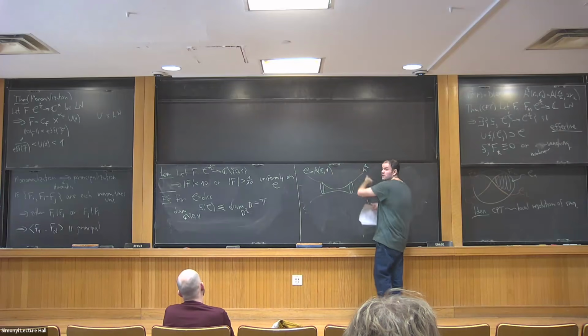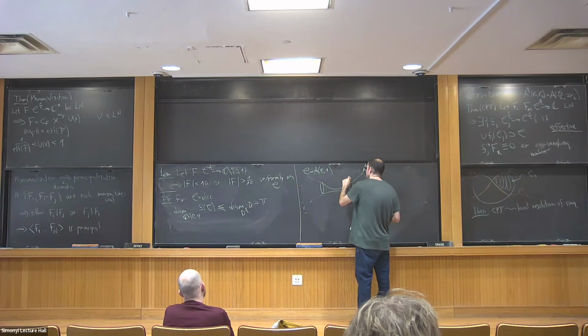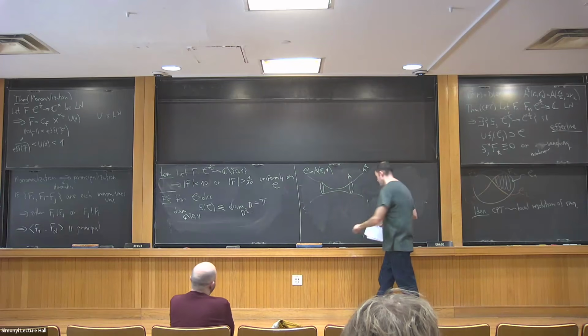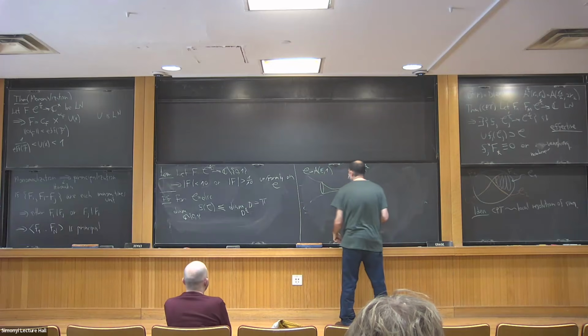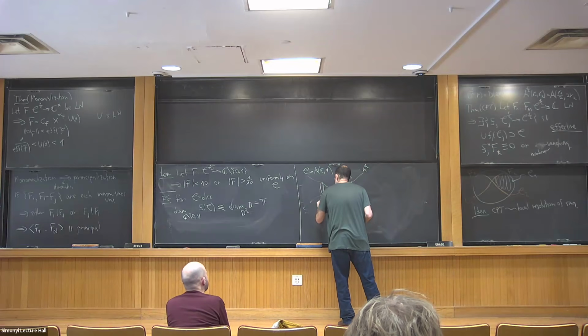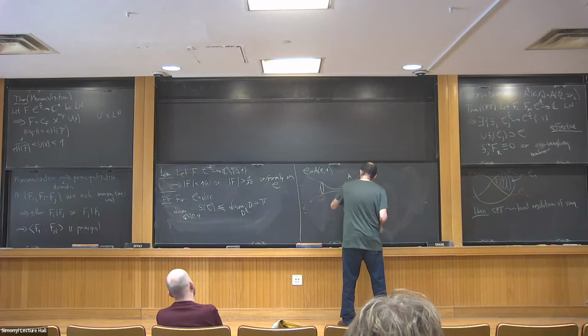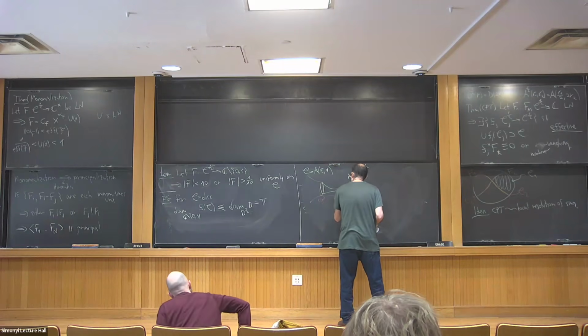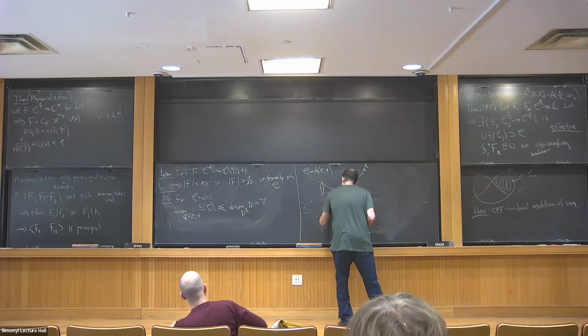This kind of is the boundary, goes off to infinity. This here is A, the original A. Now, what are the distances? I'm claiming that this one is constant. You can find this one is constant. This one is roughly log epsilon.